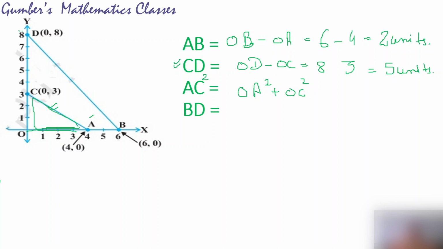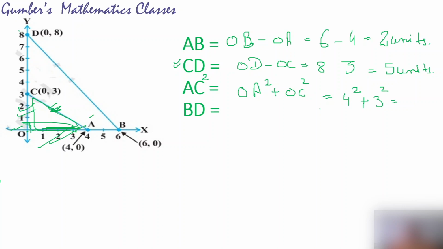This angle is 90 degrees and we are supposed to find the hypotenuse. OA is equal to 4 units, this is 4 square, and OC is equal to 3 units.